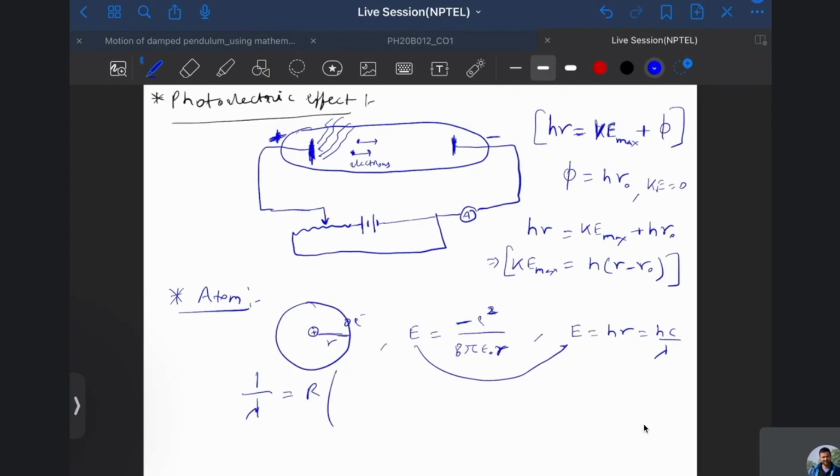This is a very well known formula. This is the final state and n square, and this is the initial state, where R is the Rydberg constant.